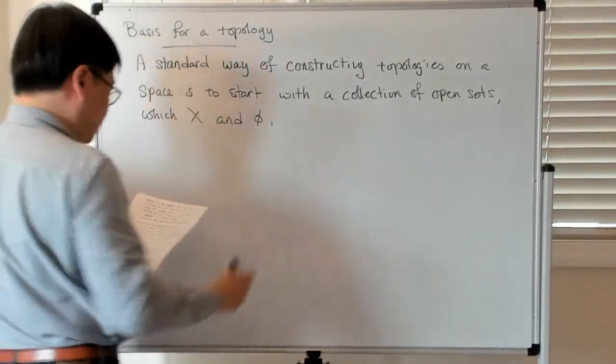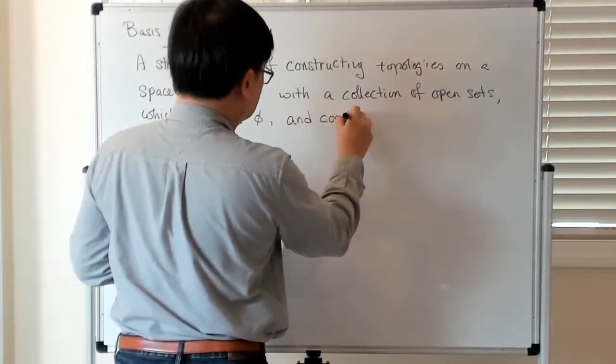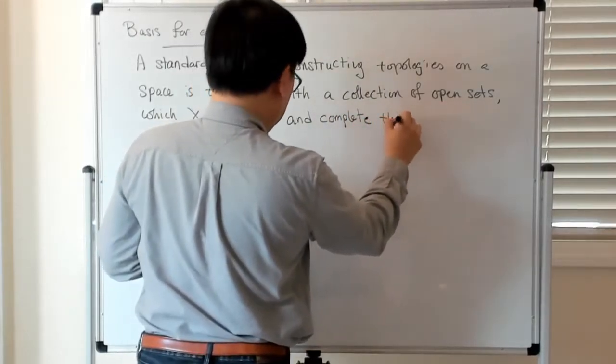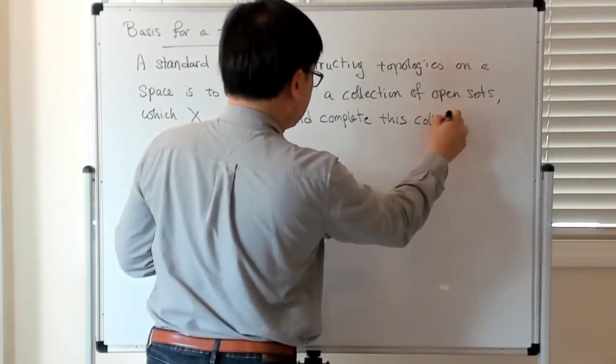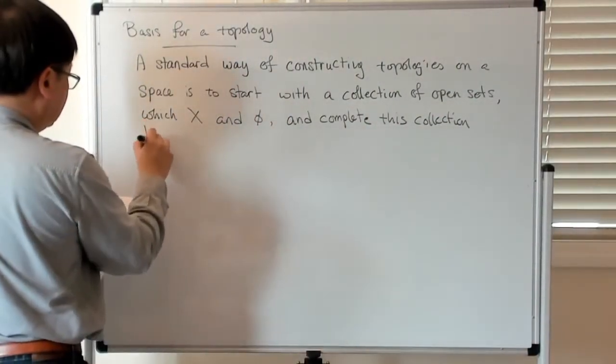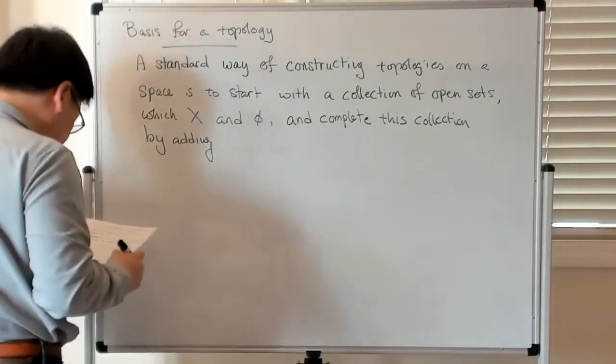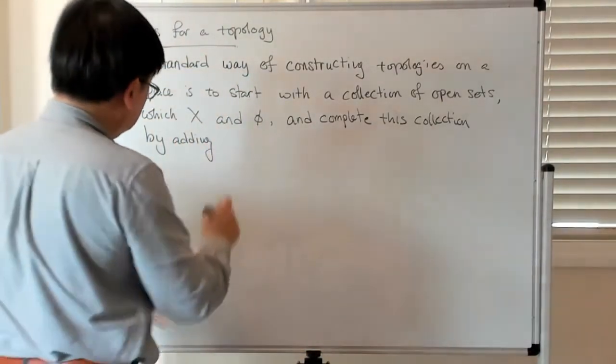Okay, and complete this collection by adding arbitrary unions and finite intersections.